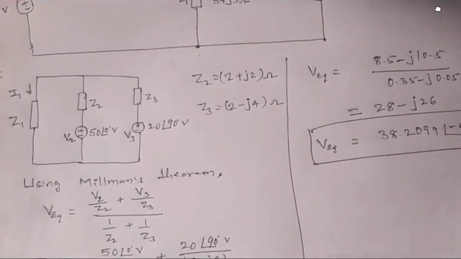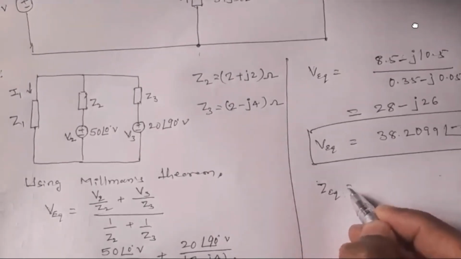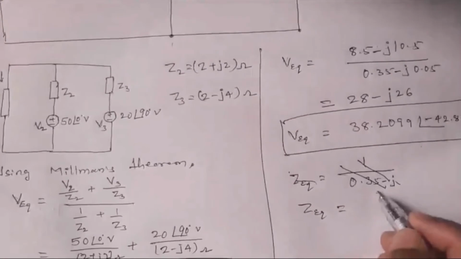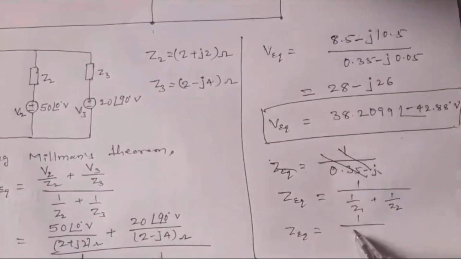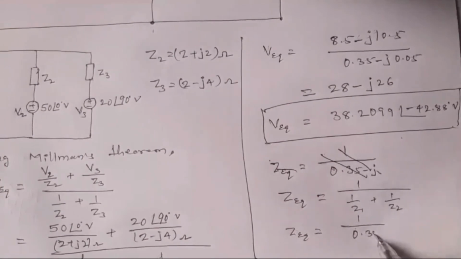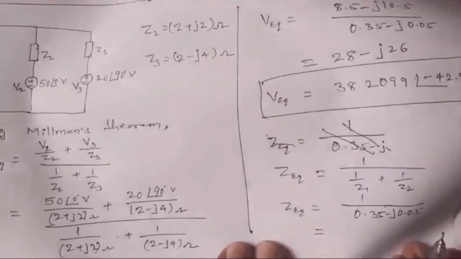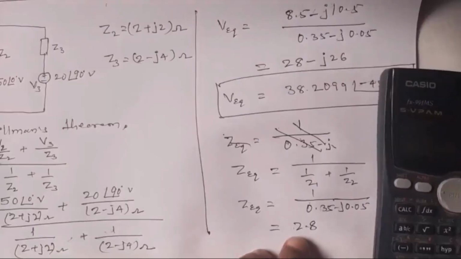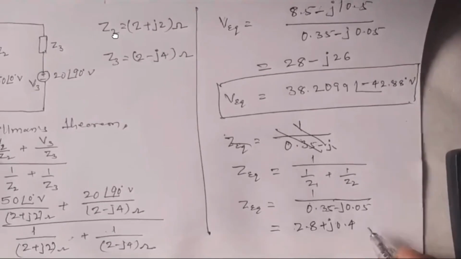Okay, but we should calculate Z equivalent also. Z equivalent is 1 over 1 by Z2 plus 1 by Z3, which is 1 over 0.35 minus j0.05. Now if we take this reciprocal, it is 2.8 plus j0.4 ohm.